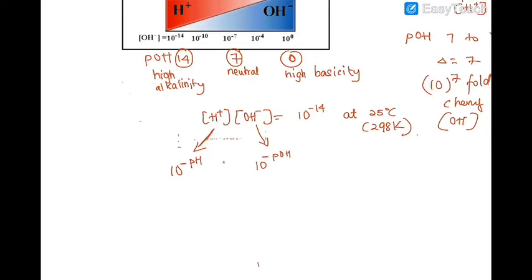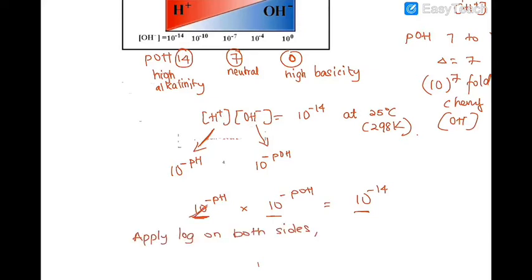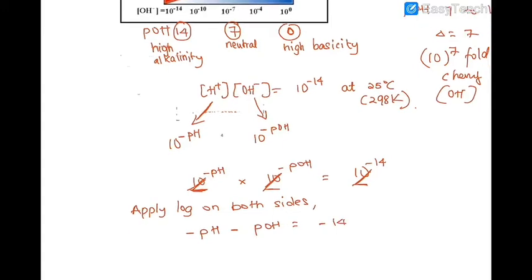So we can rewrite the expression to have this. Now, if we apply log on both sides, the 10 is going to get eliminated. So we'll end up with minus pH minus pOH is equal to minus 14.